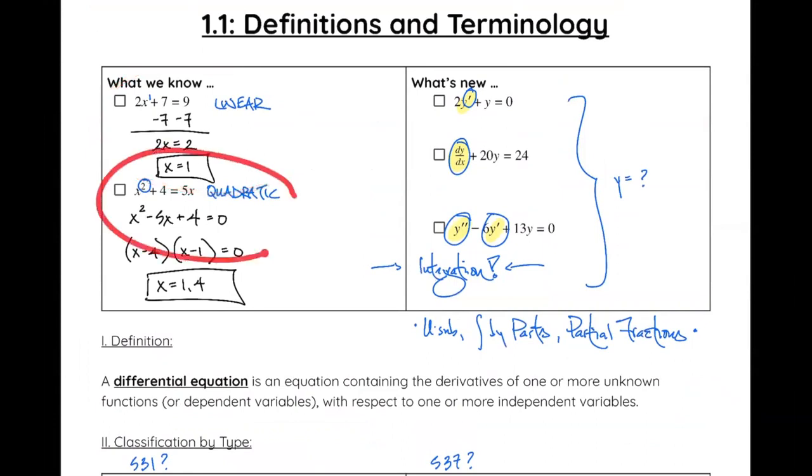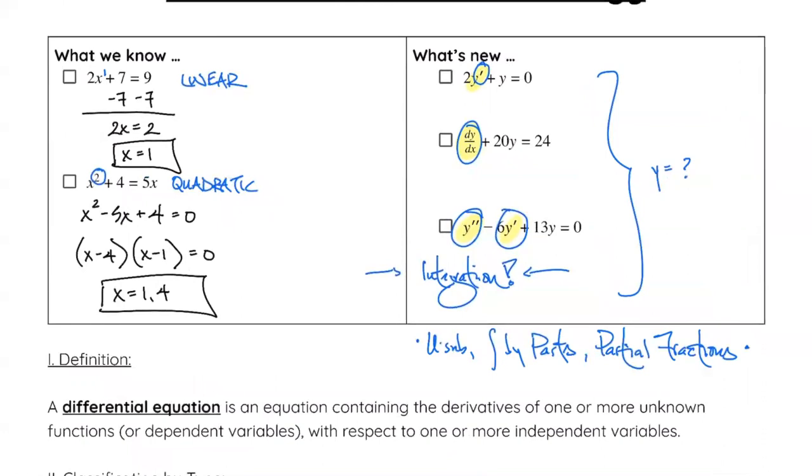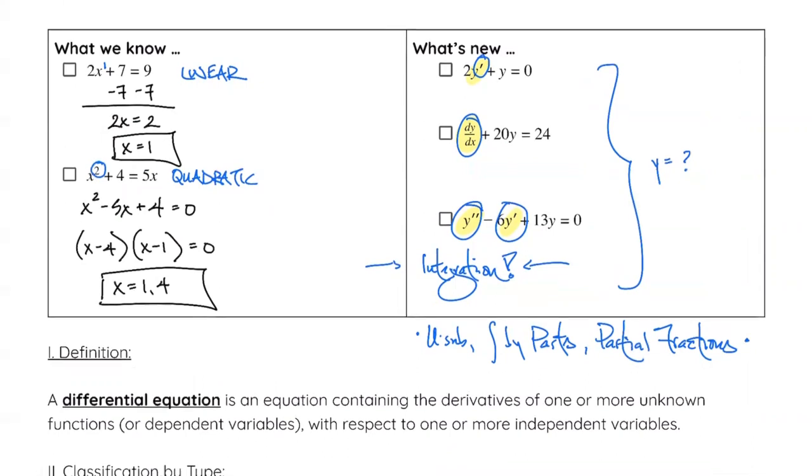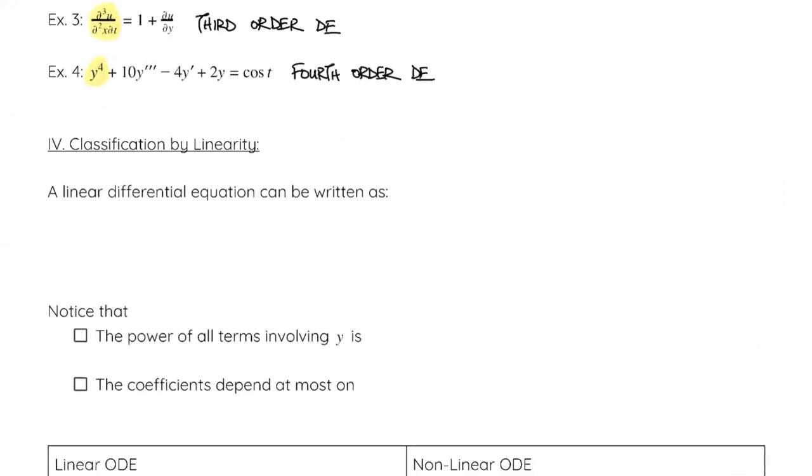We knew this was a quadratic because that's a power of 2. We're going to write the linear differential equations in a general form, but we're going to be looking for different things to know that it's linear.